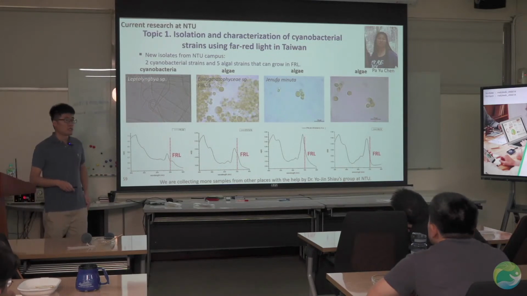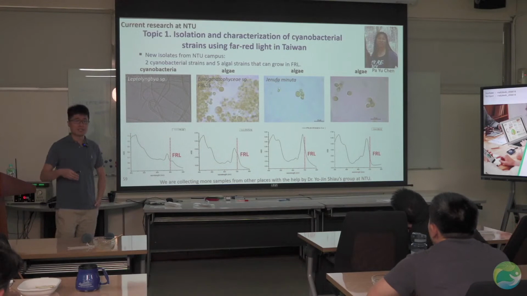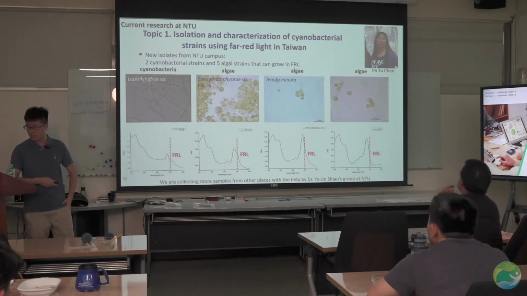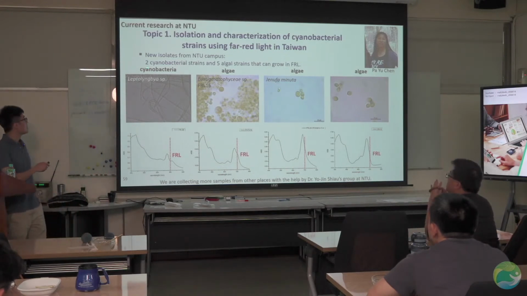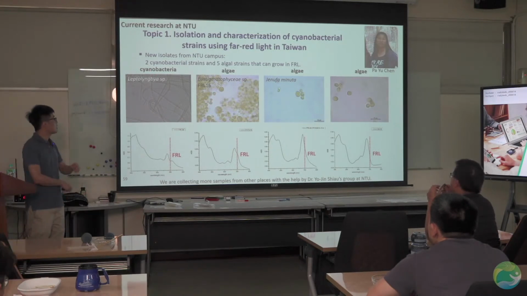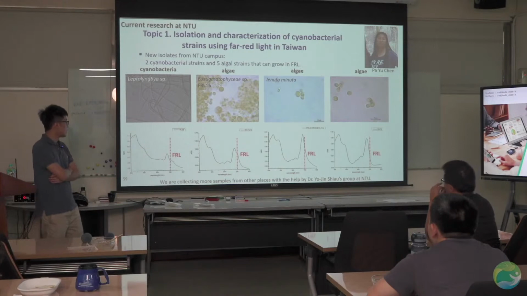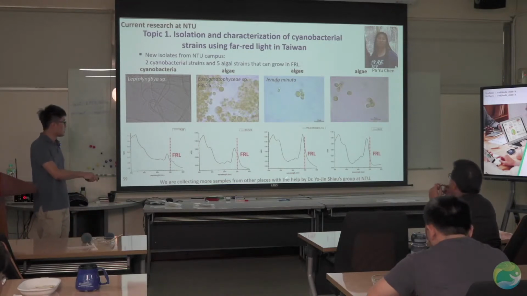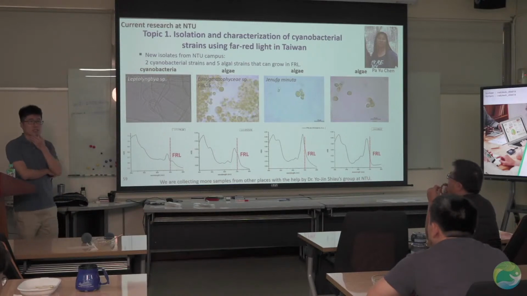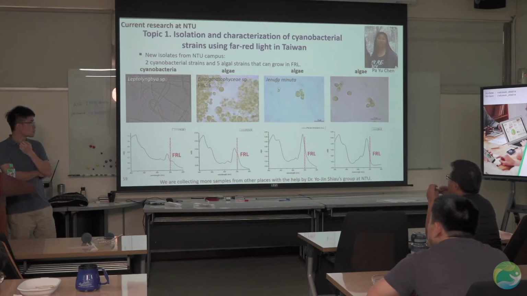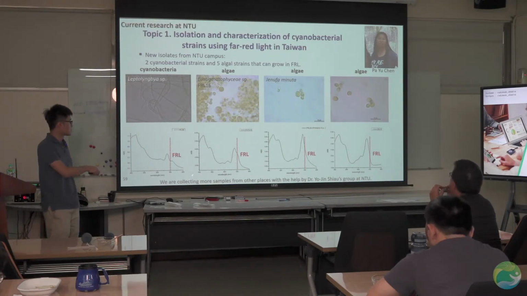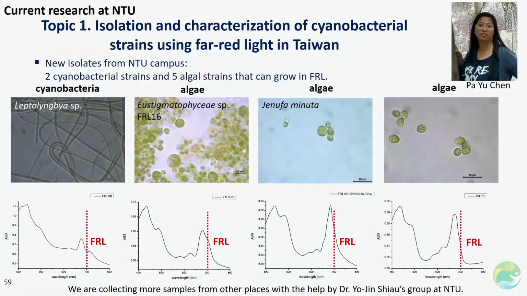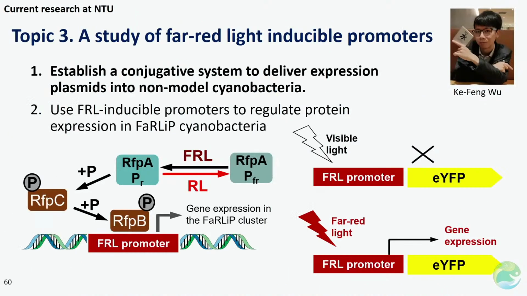In that way, we can select the cyanobacteria that can use far red light to grow. So far, we found 2 cyanobacterial strains and 5 algal strains that can grow in far red light. And now we also collaborate with Dr. Xiao Youjing from NTU to collect more samples and isolate more strains.